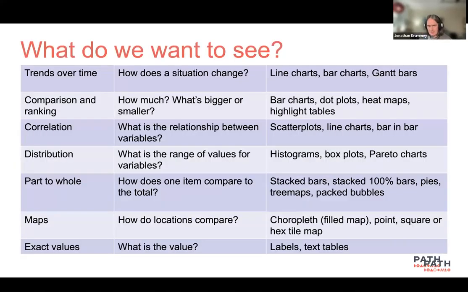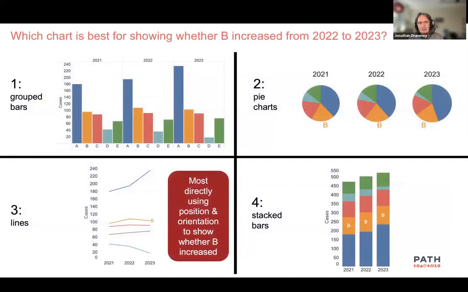And then from that, we can go to, okay, what questions do we have of the data? And in looking at that, identify what chart types work well for that question based upon the pre-attentive attributes. I'm sharing out this presentation, so you'll have all this detail, and there'll be a set of other links as well.